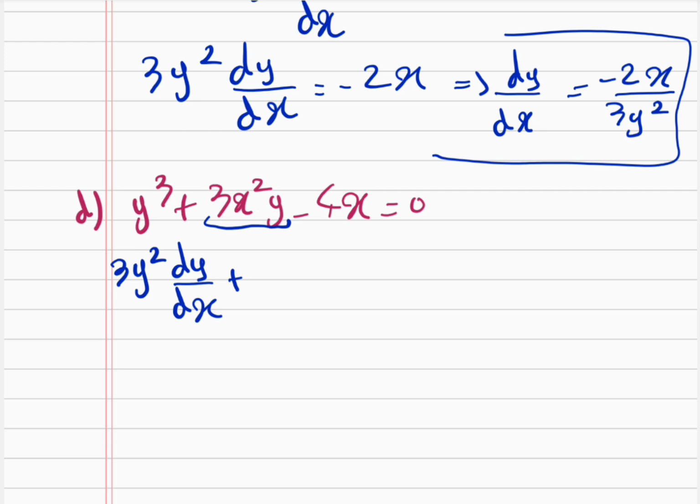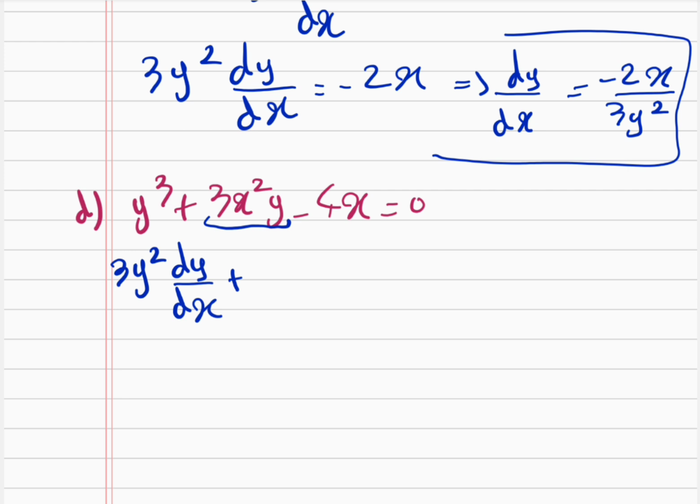That's very important because it's a very common error to differentiate this as if it's a single function, for example as 6xy. But it's actually the product rule when you have both x and y in implicit differentiation.